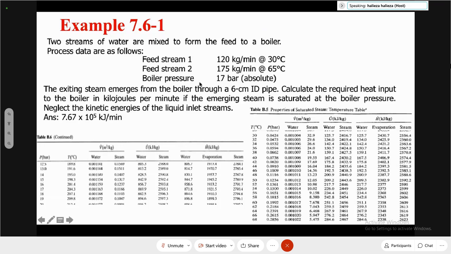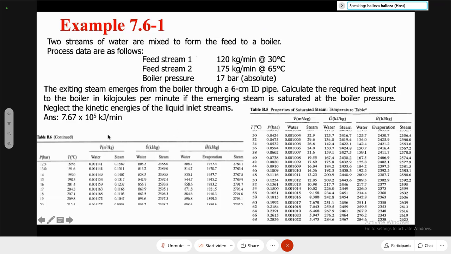And that stream will be sent to a boiler. Now, the stream that will be sent to the boiler will pass through a 6 centimeter diameter pipe. But for the 2 streams that are fed to the mixer, there's no specification of the size of the pipe. So we're going to assume that there is no kinetic energy there.